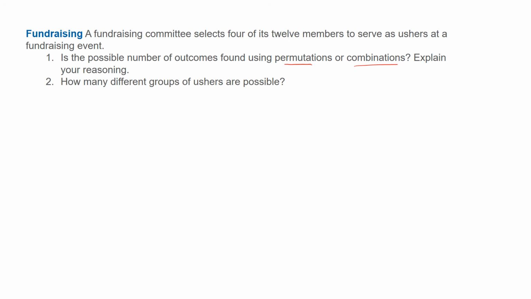Okay, so this would be a combination, because if I select J, Fred, Wilma, and Scooby, I don't know, I use names from cartoons all the time. I don't know who J is, I just put that down first, but then these are the same ushers.